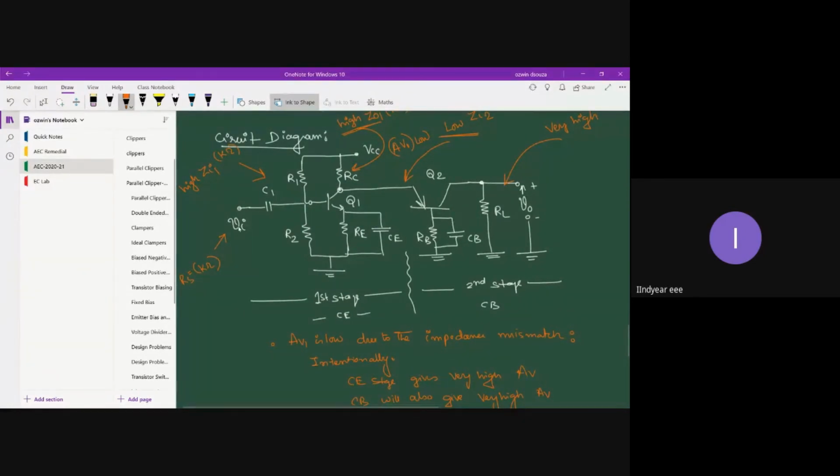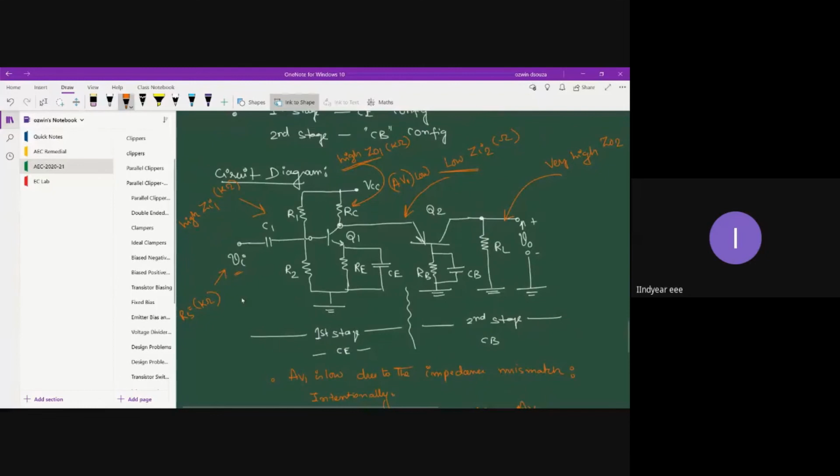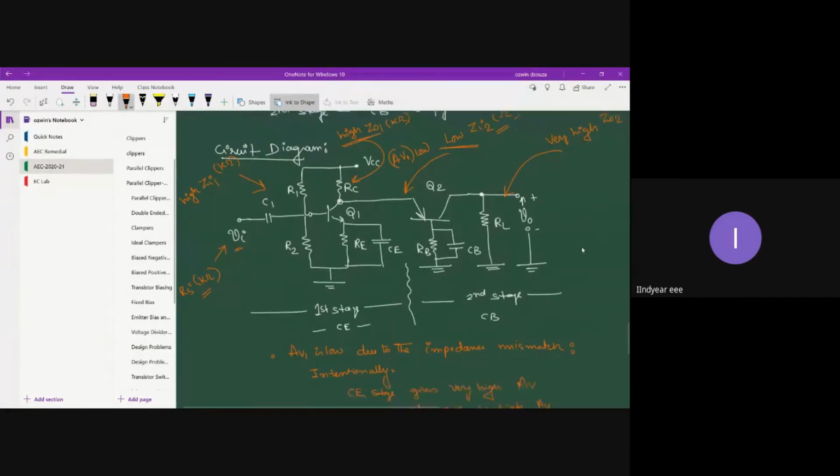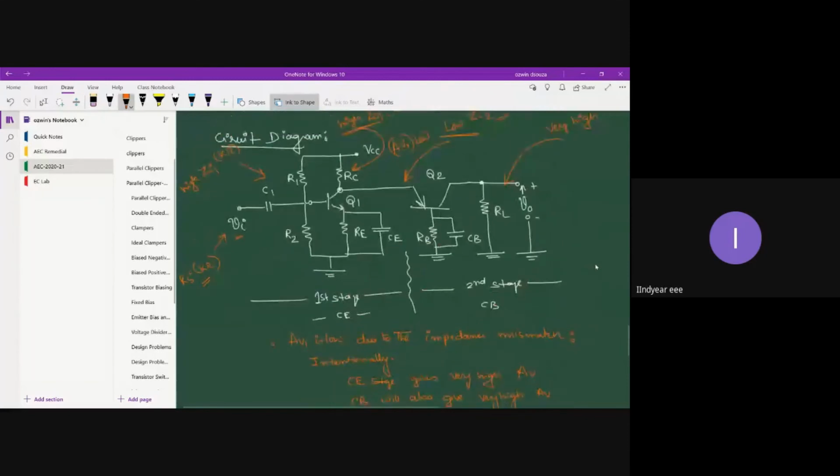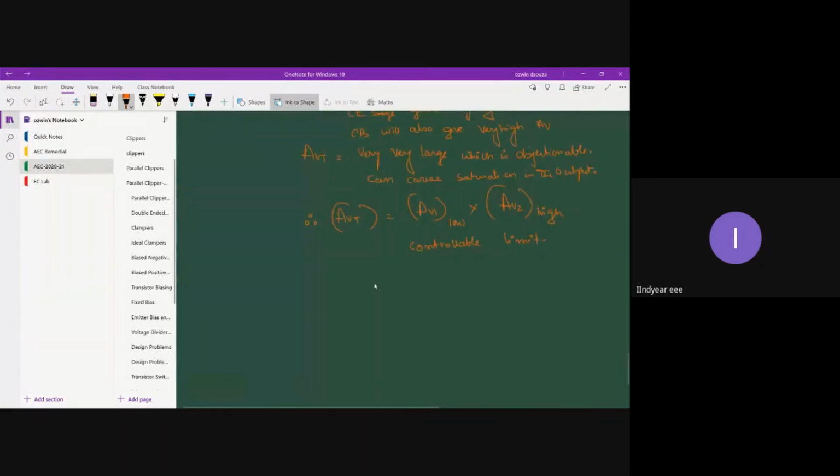But if you were to connect this source VI directly to the base-emitter of the second stage, then you will experience too much loss of signal, because the source resistance will be in kilo ohms and the input impedance of stage 2 is going to be in ohms. So there will be a huge signal loss, and your output signal may be distorted. That's the reason the common base stage is always fed with a common emitter stage.